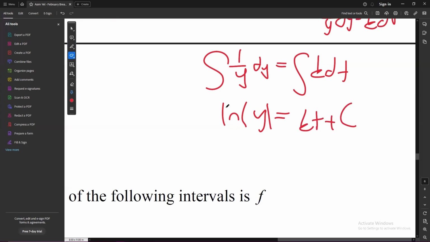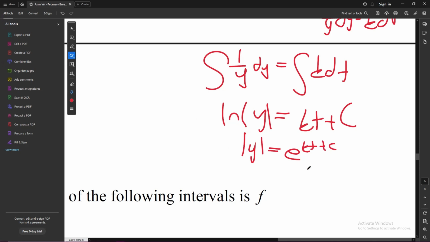Okay. So now I want to bring this ln to this side in order to leave y alone and find my question's answer. So absolute value of y equals e to the kt plus c, because when I bring this ln to the other side, I make it e.